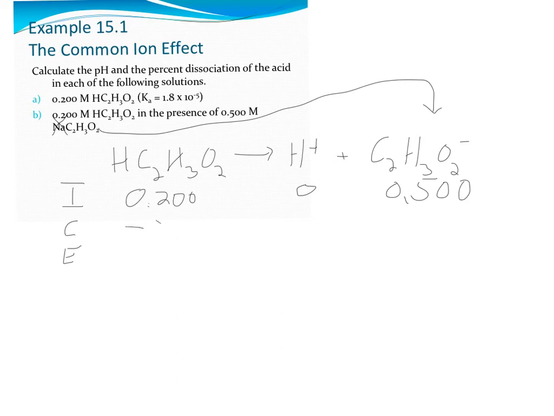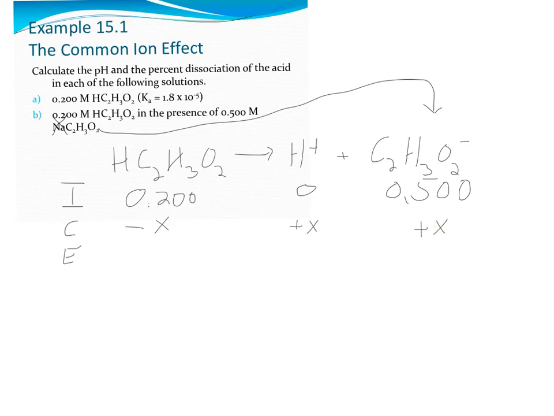Now it still has to shift left in order to get some hydrogen. But when we have a common ion, adding some product to start with actually shifts this equilibrium back towards the reactants, so these x values are going to be smaller than they would originally be.